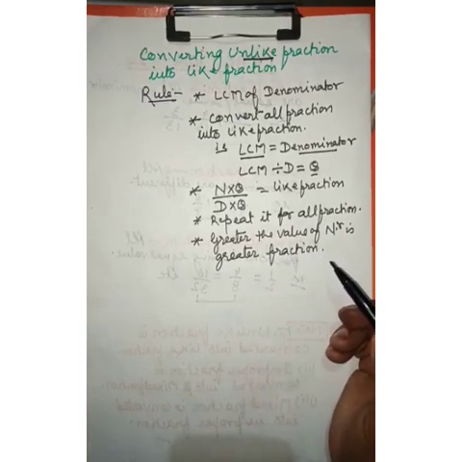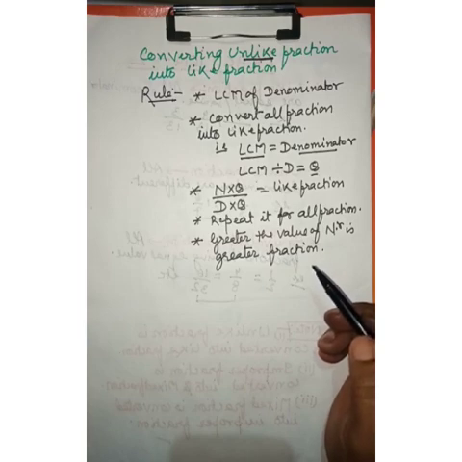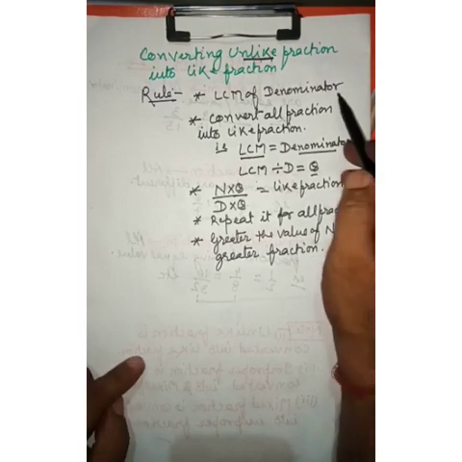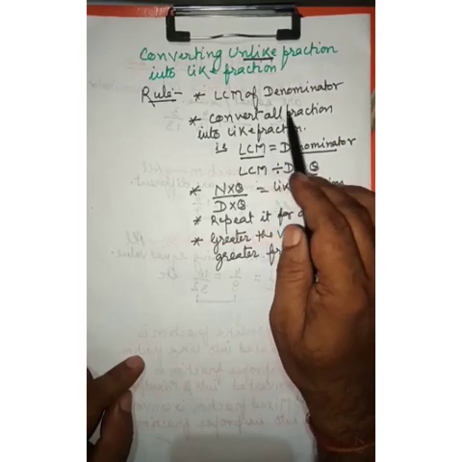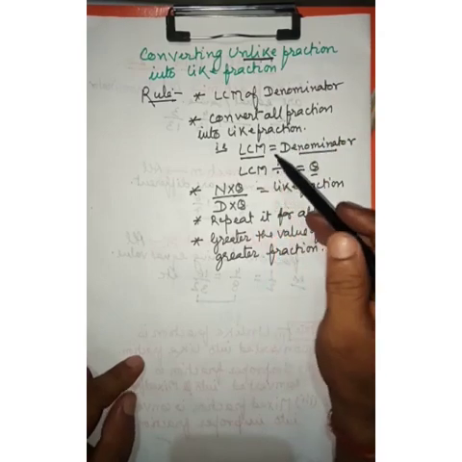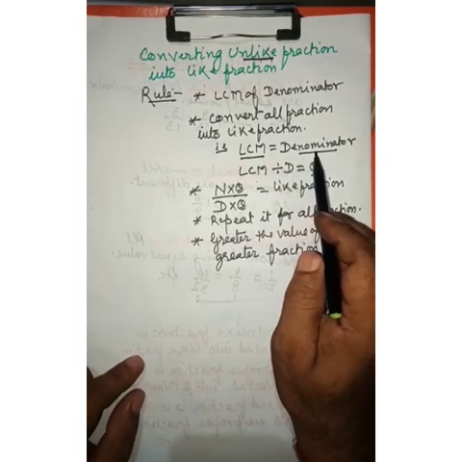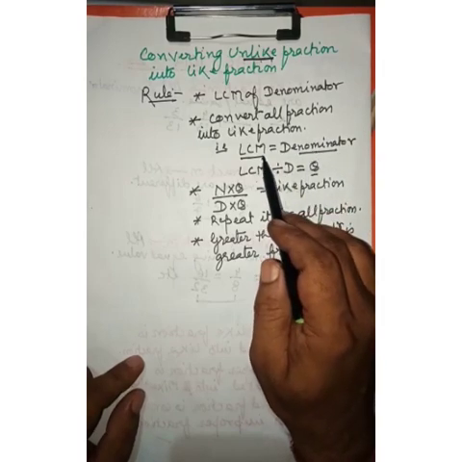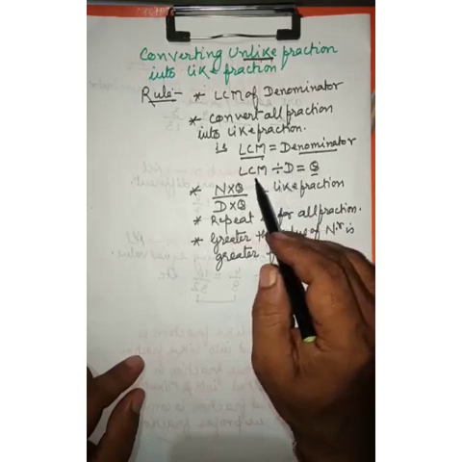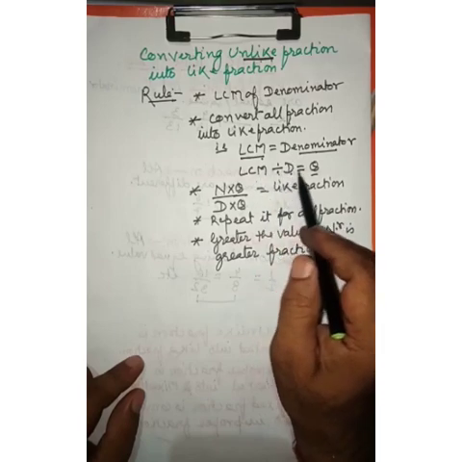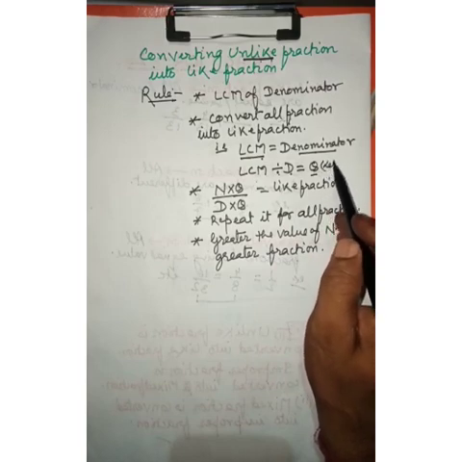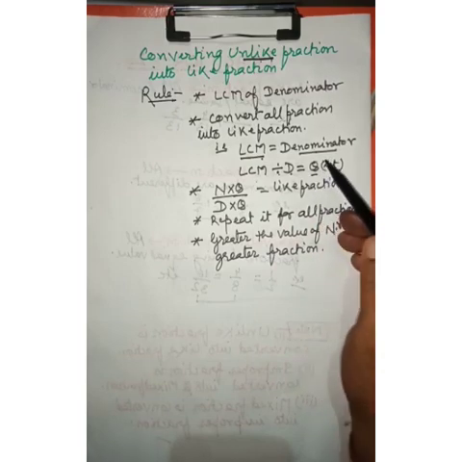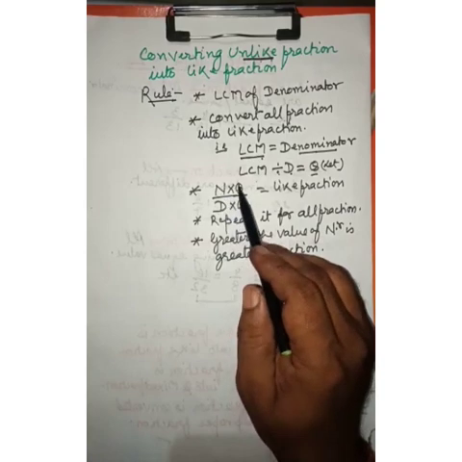Okay student, like this we convert unlike fraction into like fraction. First step, take the LCM of the denominators. Second, convert all the fractions into like fractions. For this we make all denominators equal to the LCM: LCM divided by denominator gives a quotient q, and from this q we multiply numerator and denominator.